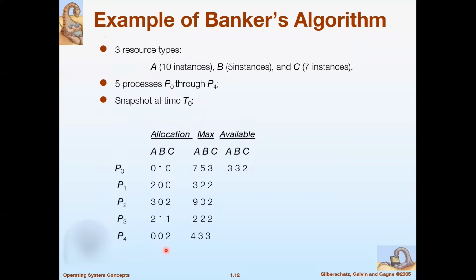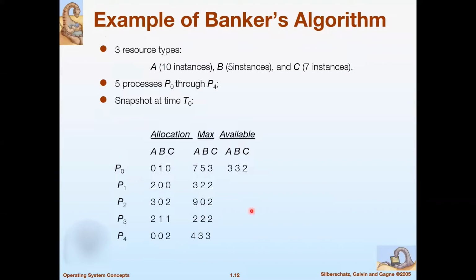We can see here that P0 has been allocated 0 instances of resource A, 1 instance of resource B and 0 instances of resource C, whereas the maximum number of resources for process 0 is 7, 5, 3. Similarly for all the processes, the allocation and maximum requirement are given in the table.